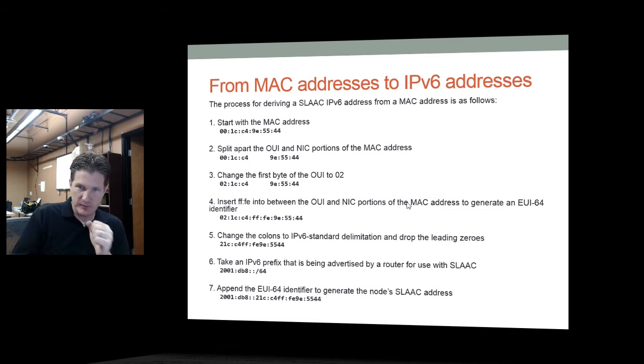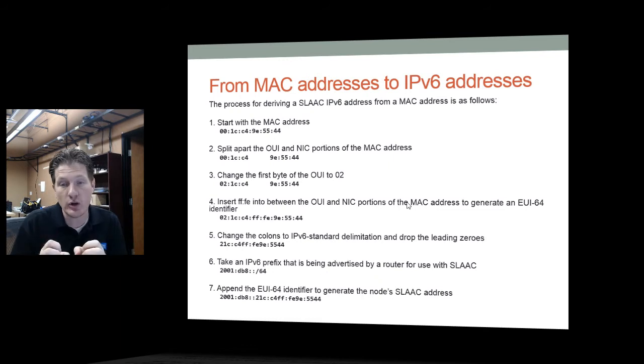So you separate those two out, and basically you change the OUI to 02. The 02 lets us know this was an EUI64 generated address, by the way. Then we insert FFFE in between the OUI and the NIC portions, and that generates the EUI64 identifier.